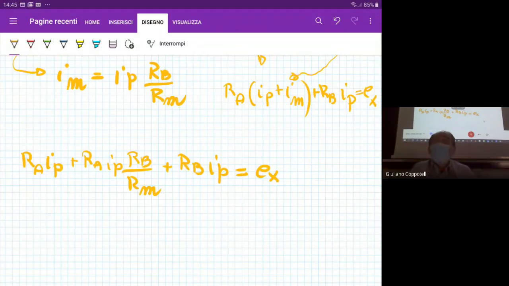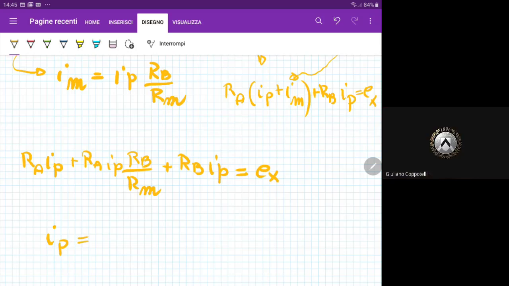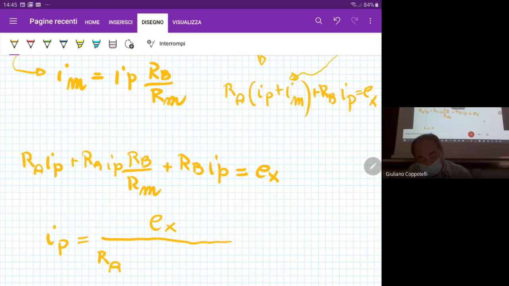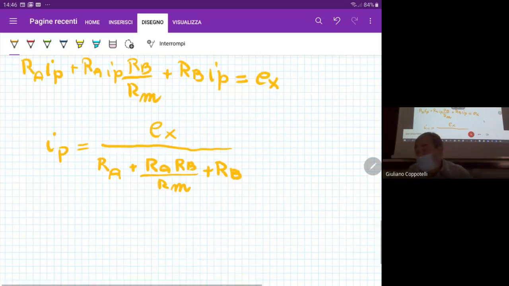So you can collect IP from that equation. And then the current that is flowing through the potentiometer, IP, is given by this ratio: EX over RA plus RA RB over RM plus RB.